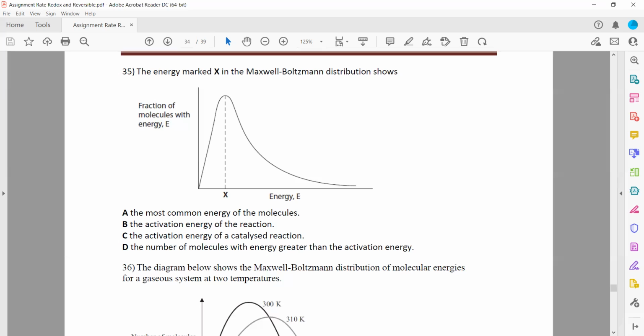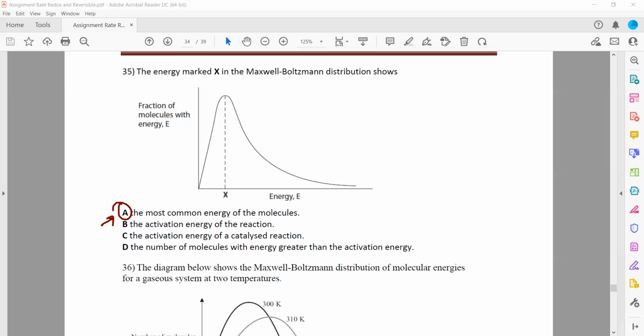So when we check the options: the most common energy of a molecule, activation energy, the number of molecules with energy greater. So this is the most common energy the molecules have. So A should be the right answer for this. So for 35, A will be the right answer.